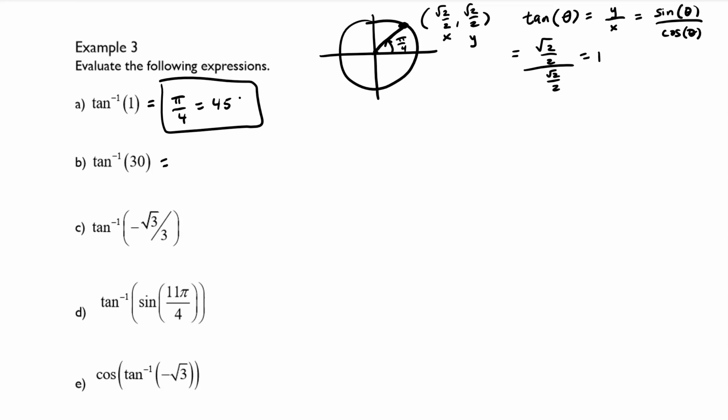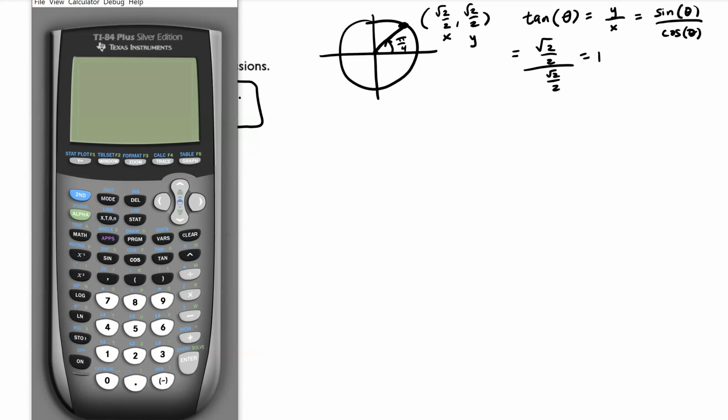Now, tangent inverse of 30. 30 is not one of our unit circle values, so we're actually going to need to utilize our calculator here. So I'm going to make sure that my calculator is in degrees, and then I'm going to hit second tangent, and then enter in the number 30, and press enter.